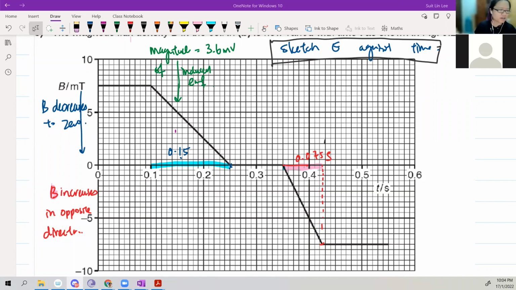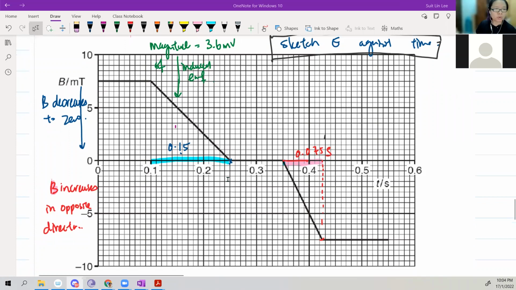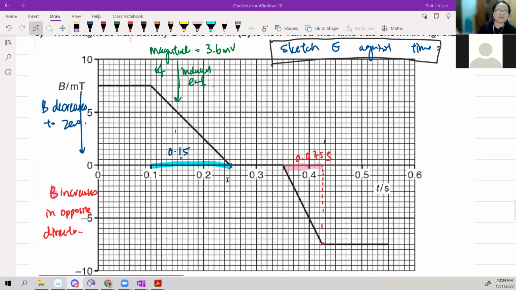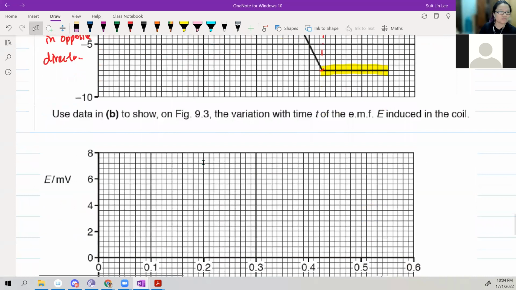Let's check the graph. Okay, so it's a graph, and I think the first thing I want to draw is when everything is zero. Zero is kind of like my favorite number. Okay, so from 0 to 0.1, the induced EMF is 0. Get the easy mark first, right?